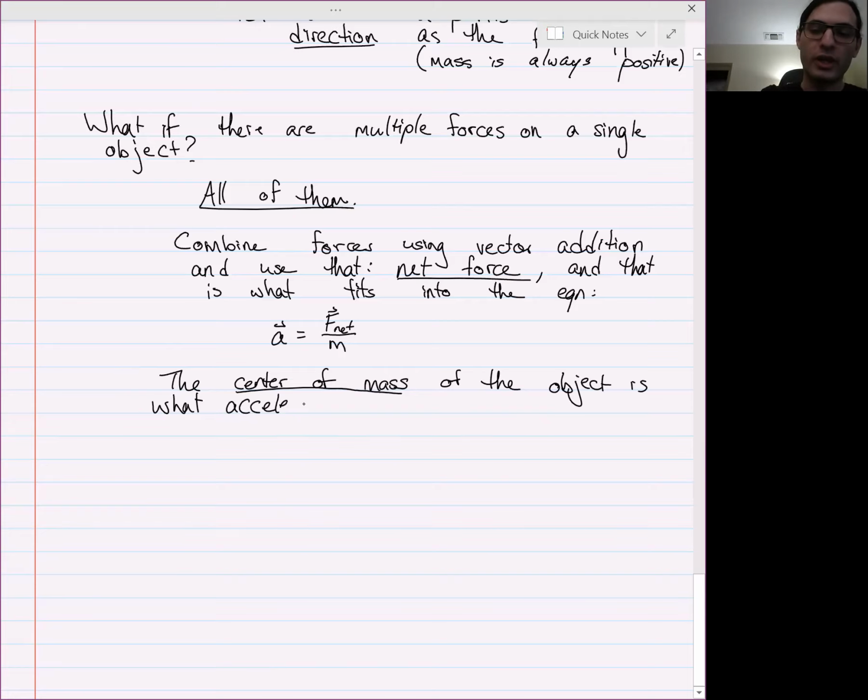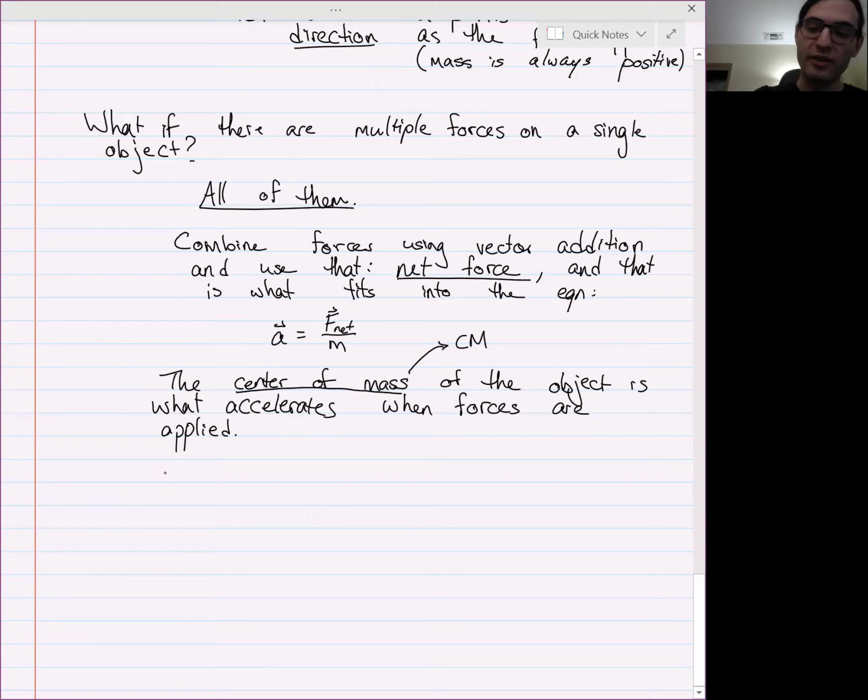I'll explain why I need to bring this up in a minute when forces are applied. We often abbreviate center of mass as CM.